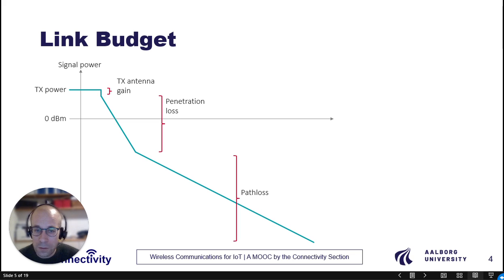There are different models to model this path loss, but we'll not dive into that in particular in this video. Then we have reached the base station, and here we usually have some very high gain antennas to lift up the signal after it has been attenuated quite a lot.